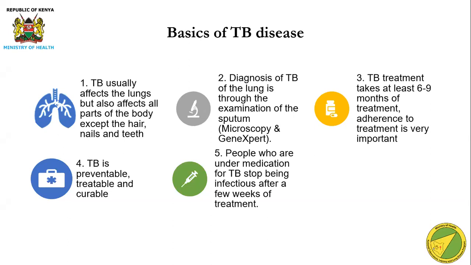But the investigation of choice now in Kenya is GeneXpert, where it is available. Only when it is not available do we do microscopy, but still we send samples for GeneXpert through sample networking where it is available.